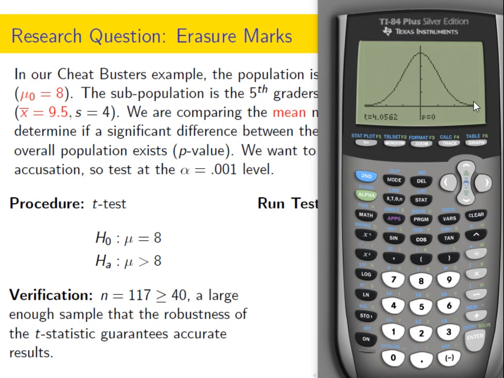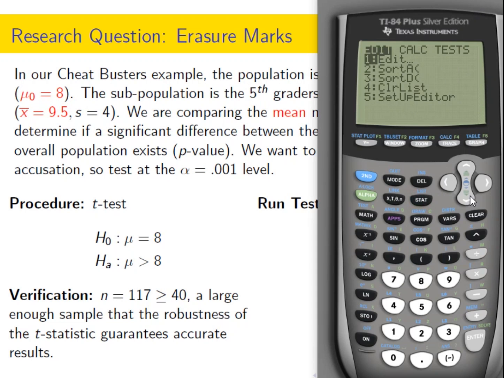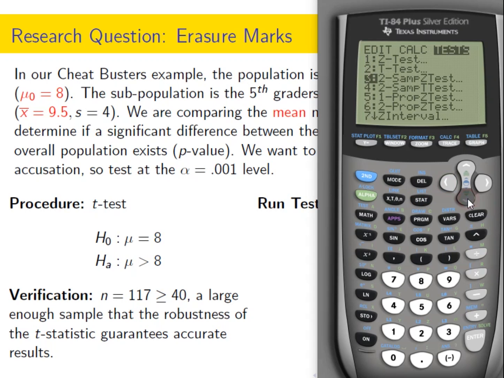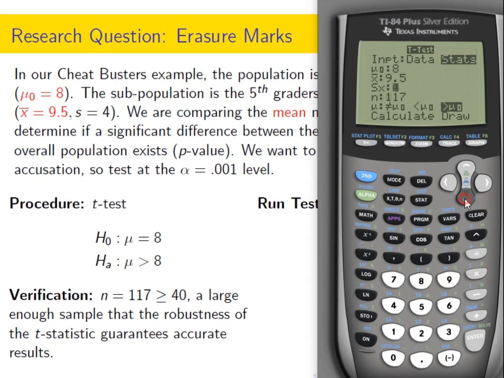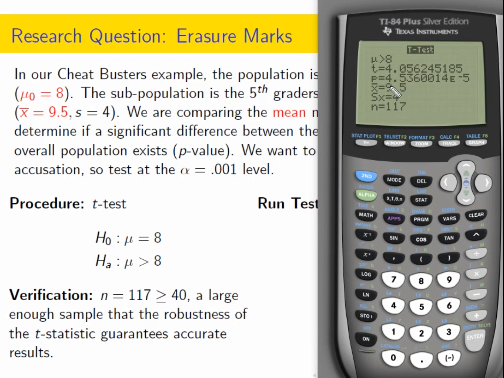It's giving us a p-value of 0. Whenever you get a p-value that's so low it's rounded to 0, you can come back in and hit calculate instead of draw, and it will give you an answer switching over to scientific notation.